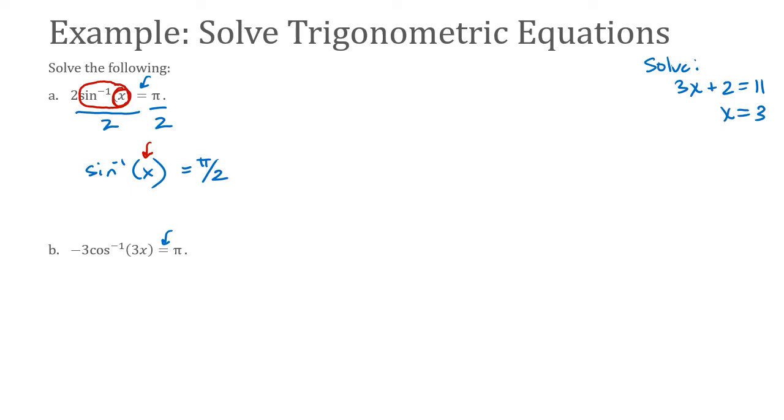So how do I get rid of inverse sine? Well, what I can do is take the sine of inverse sine, because if you remember when we talked about composite functions, if you take a function and you compose it with its inverse, what happens? It's almost like they cancel each other out, isn't it?